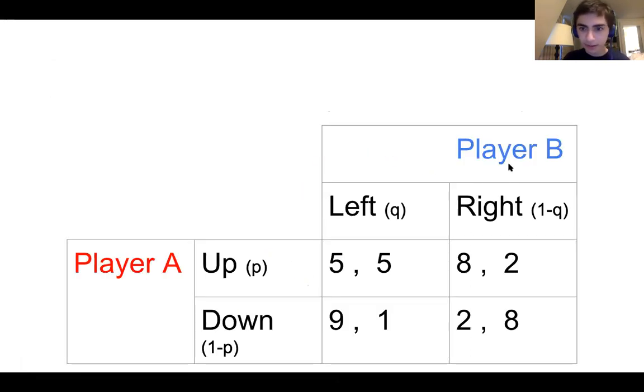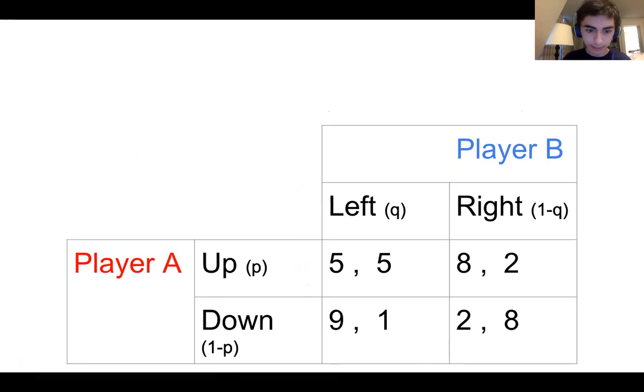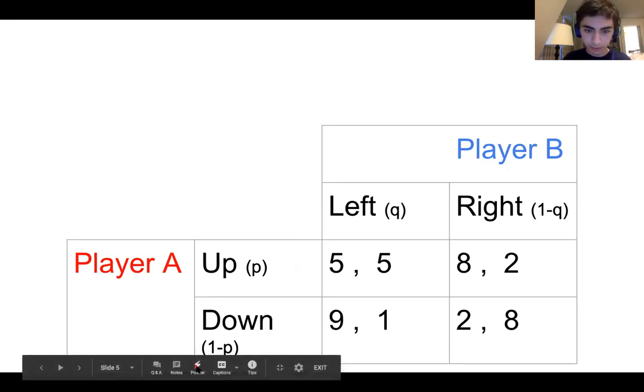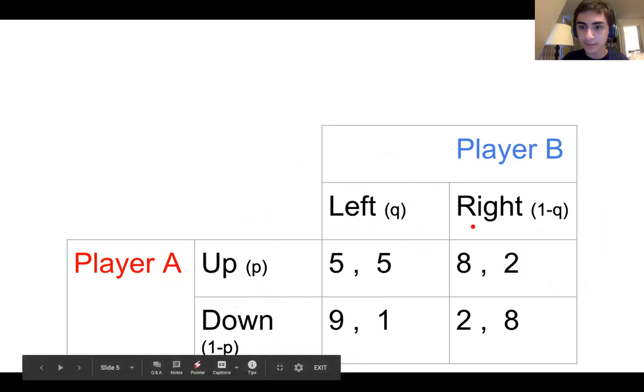Does everybody understand this form of probability? All right, I'm seeing some maybes, so let me quickly explain it. We are going to denote some probabilities. Because there's no Nash equilibrium, both player A and player B have to alternate between their two strategies. Player A is going to choose up sometimes and down sometimes, and player B is going to choose left sometimes and right sometimes.